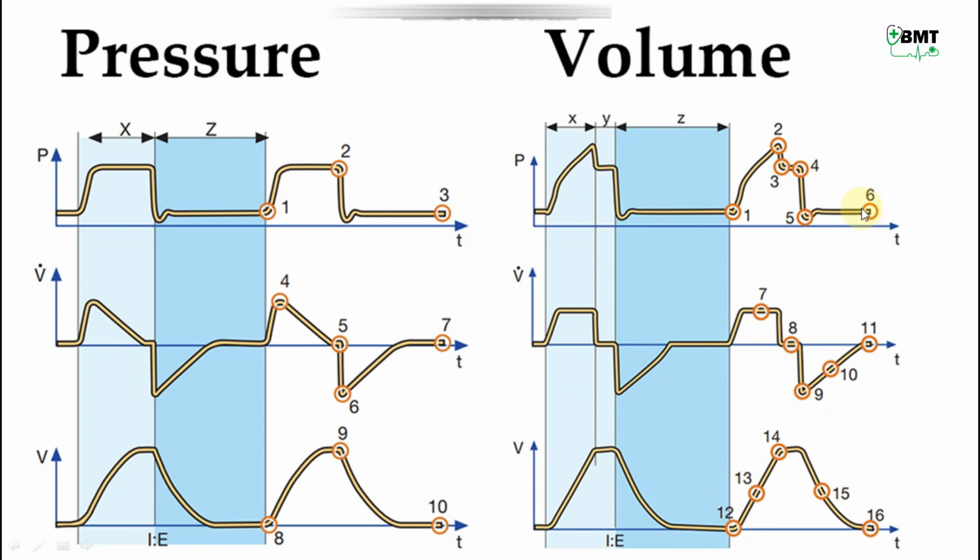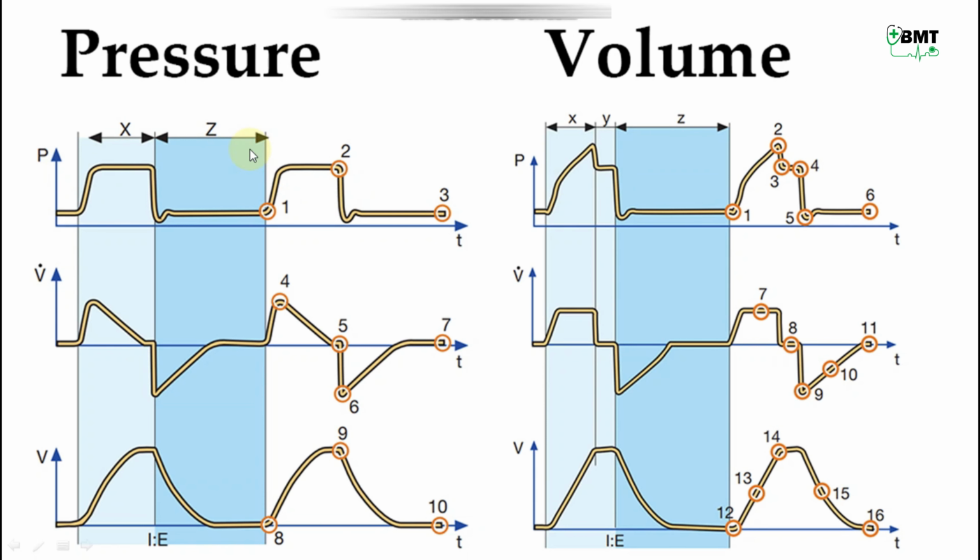And in the volume graph, it is divided into 3 time slots x, y, and z. X is the inspiration time, y is the pause time, and z is the expiration time. Inspiratory time is shorter than the expiratory time because we take less time to inhale and more time to relax during the expiration.